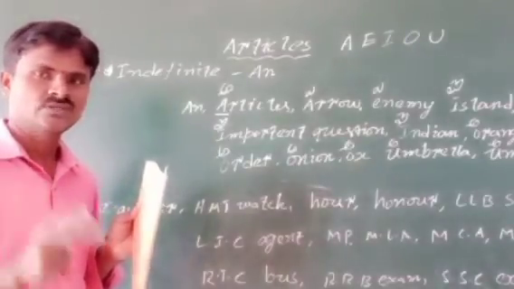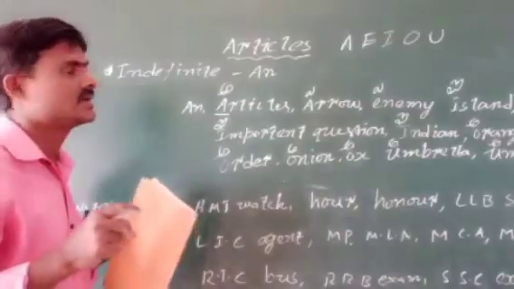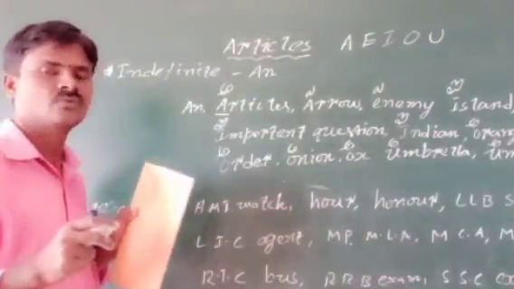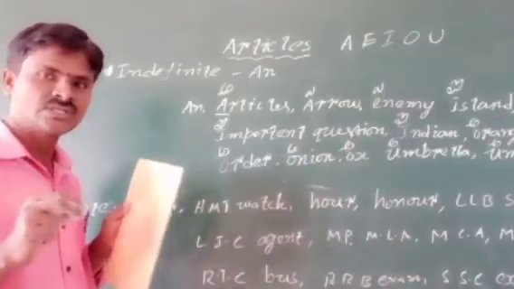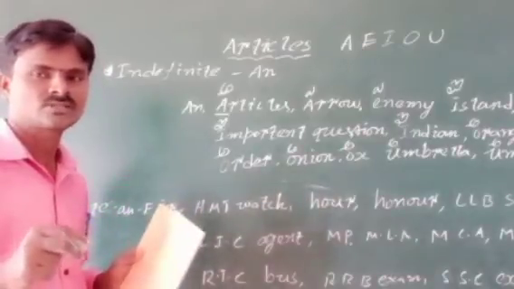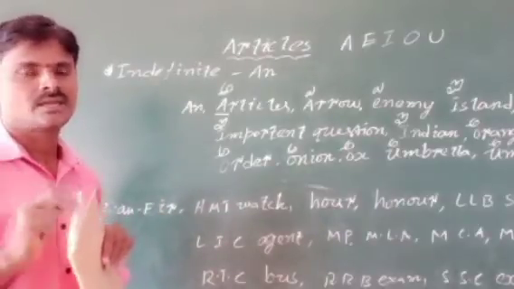You have to fix in your mind that before A, E, I, O, U sounds you have to use "an". If you use another sound, a consonant sound, you have to use "a".